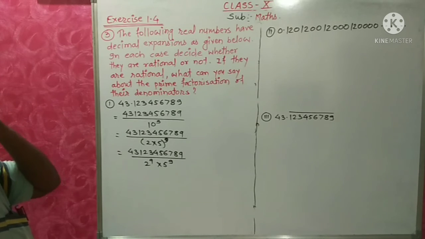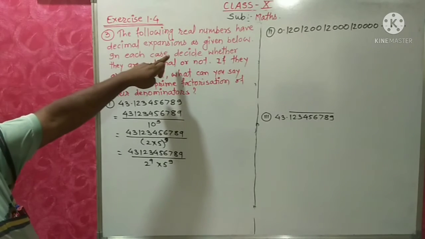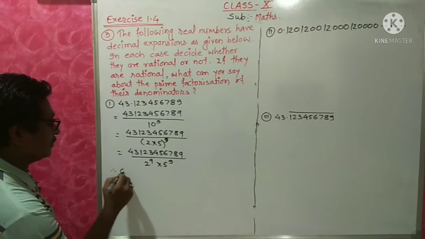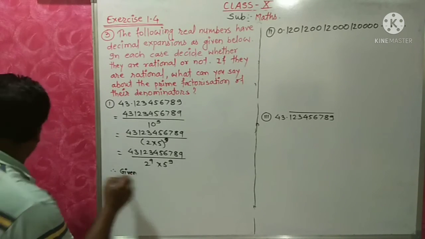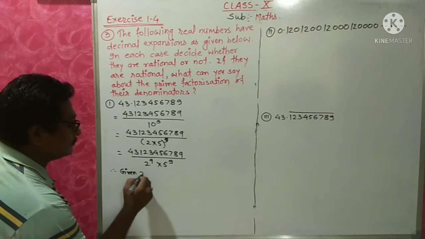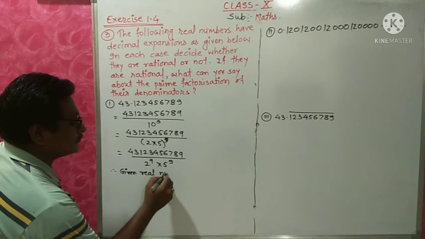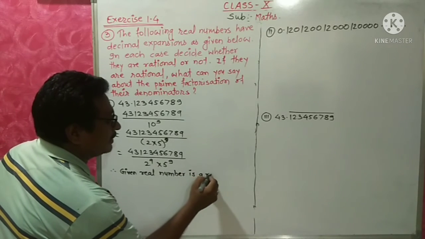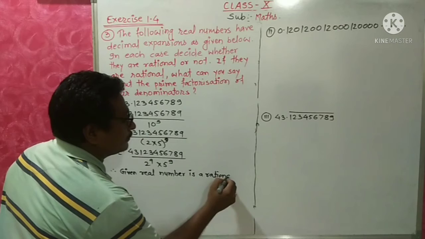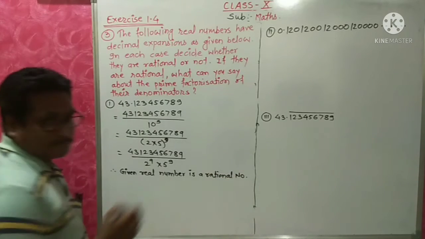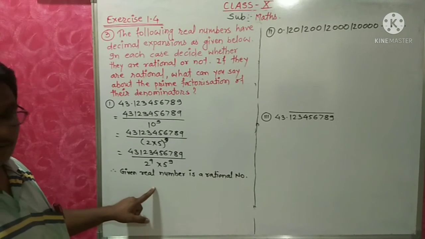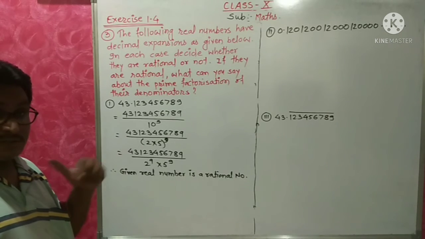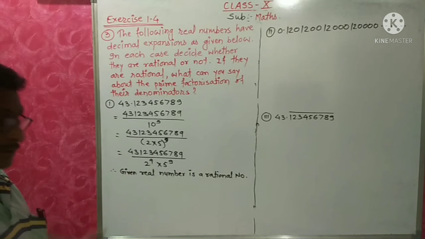So what can we say about this? Therefore, the given real number is a rational number. So what can you say about the denominator?